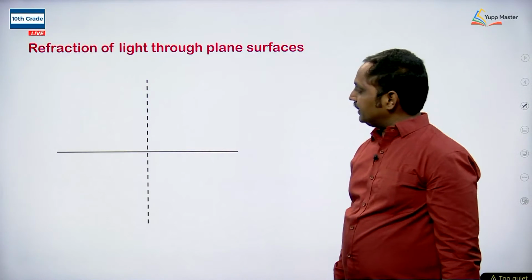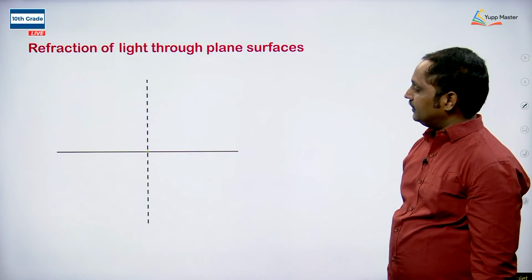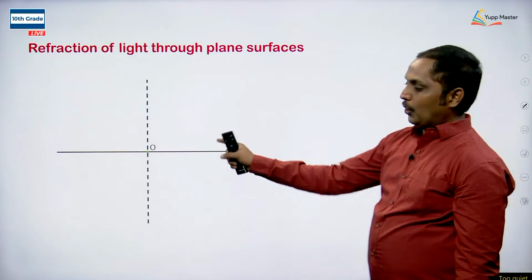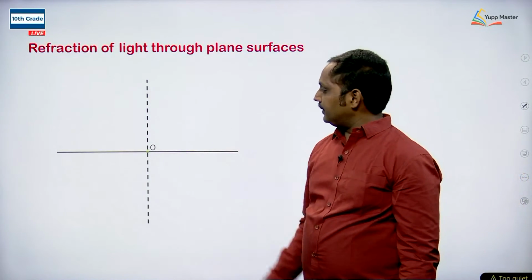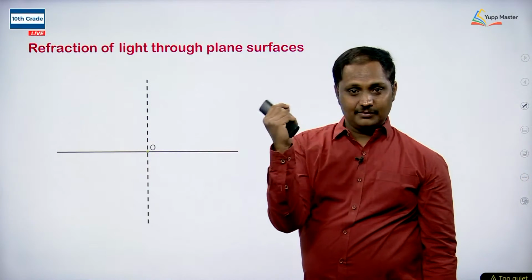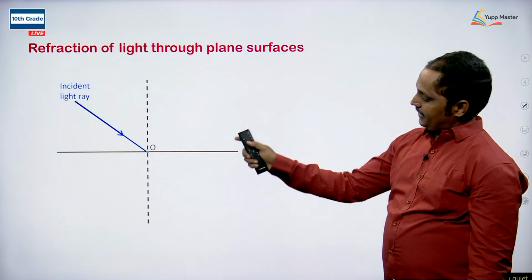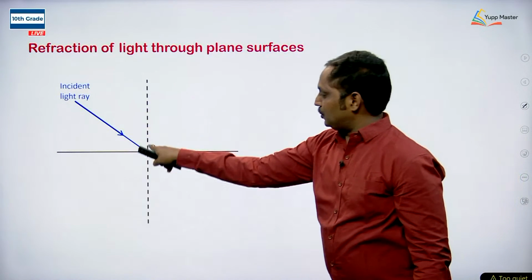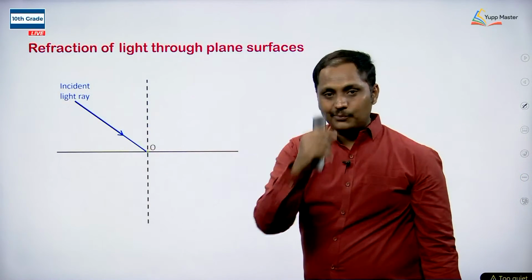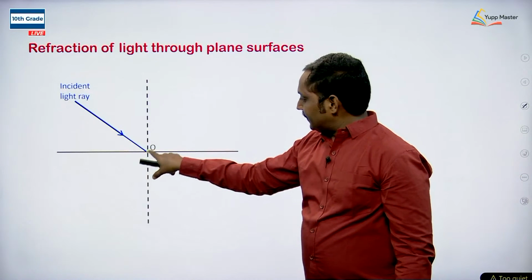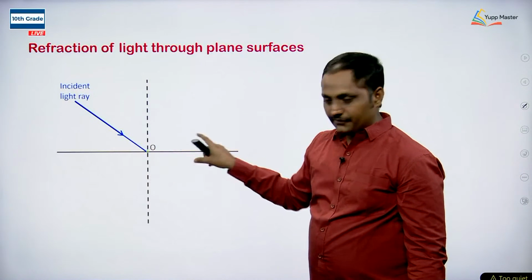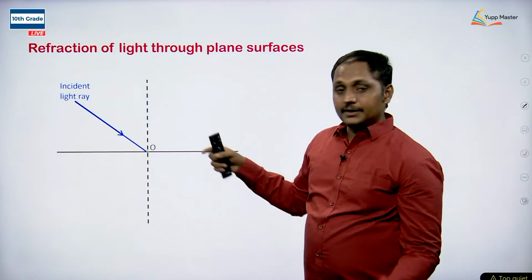This is the first medium. This is the point of incidence. Let us take the incident ray, which is incident at one point on the plane surface, or at the boundary.